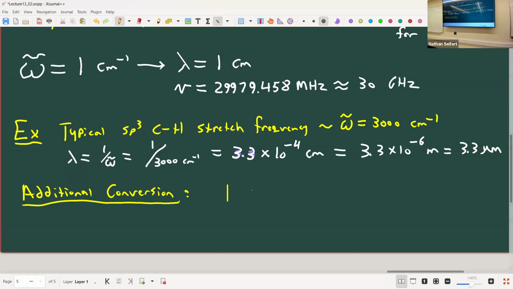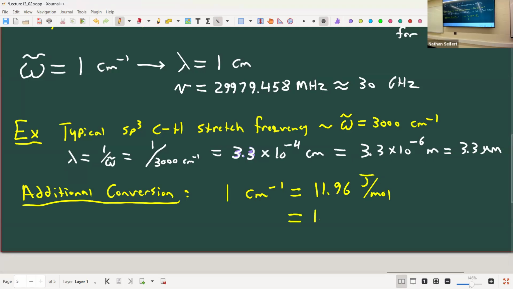So one wave number of energy is 11.96 joules per mole. Very convenient, right? It's just right in the middle. It's just about 1 joule per mole. Pretty typical number.